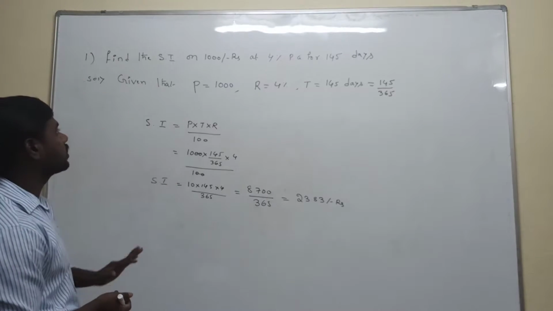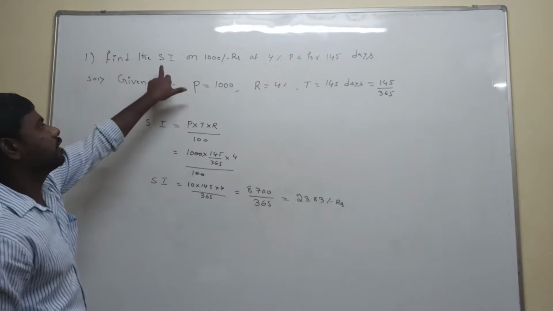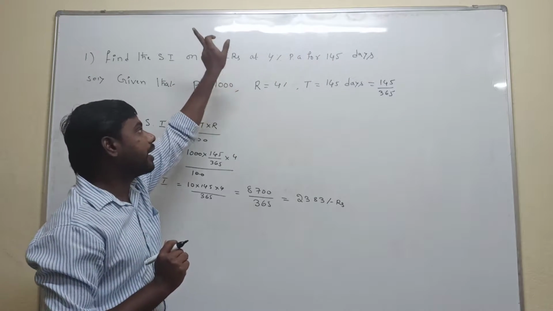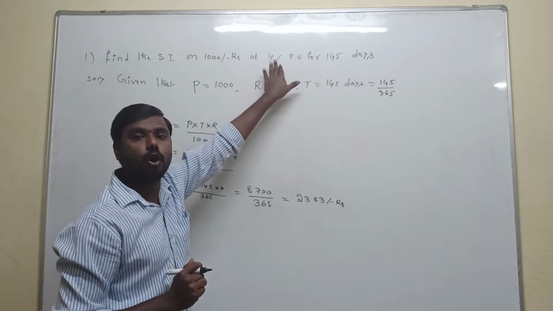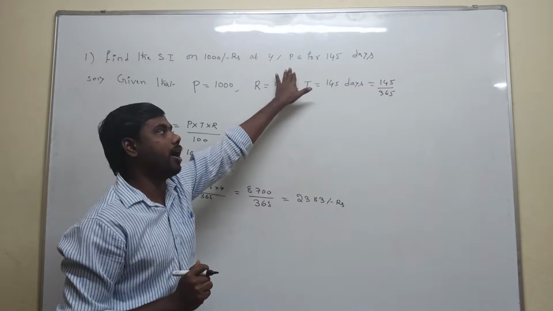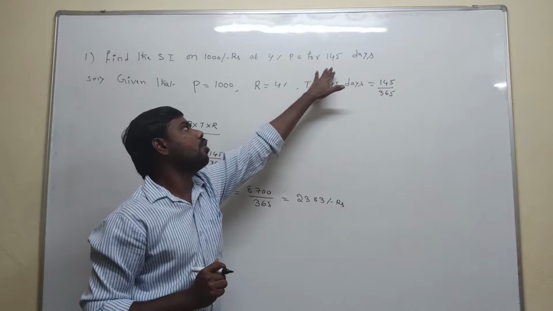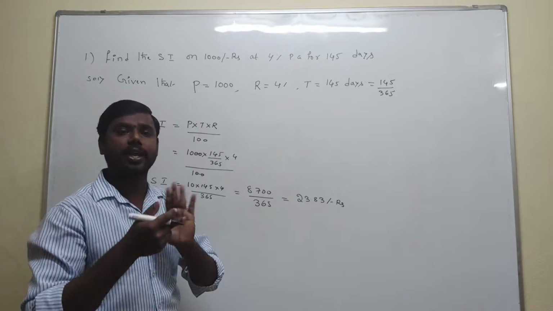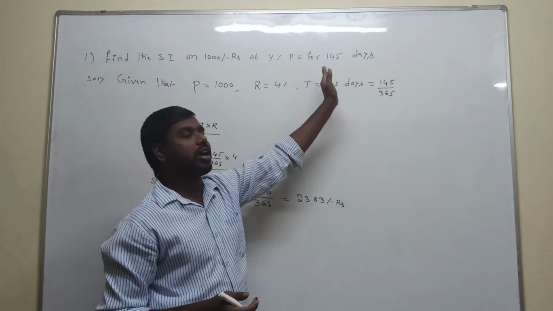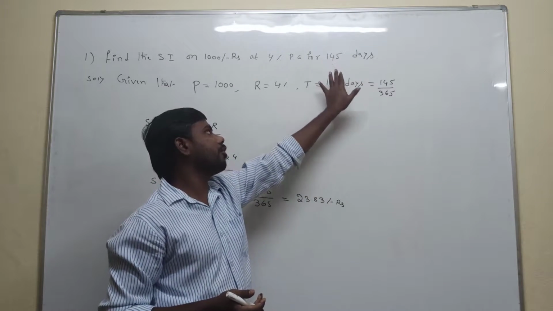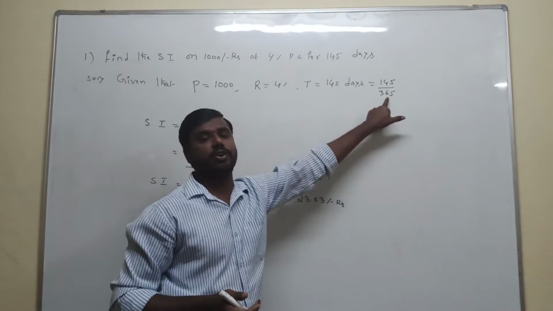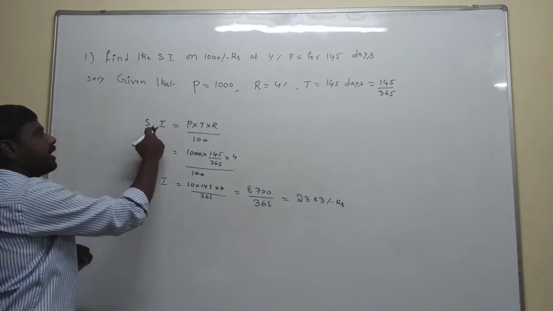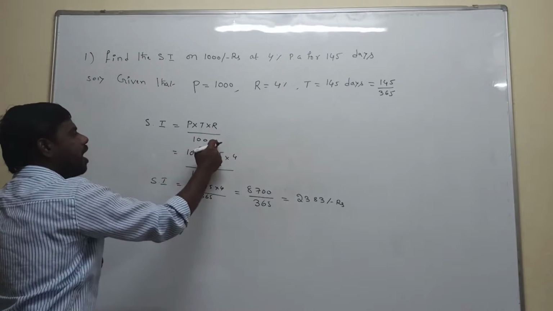See what the question is asking. We need to calculate simple interest. The given principal amount is 1000 rupees, the rate of interest is 4% per annum, and the days given are 145 days. But we are calculating simple interest per year, so to convert days to years, we divide the given days by the total days, 365. The simple interest formula is PTR by 100.